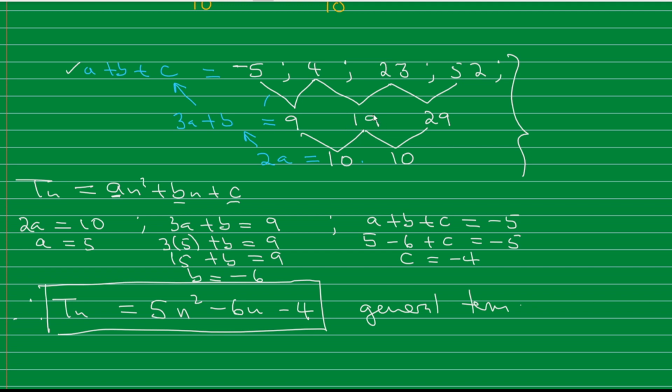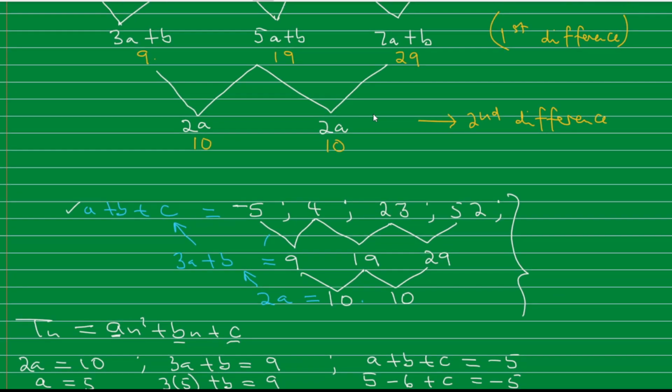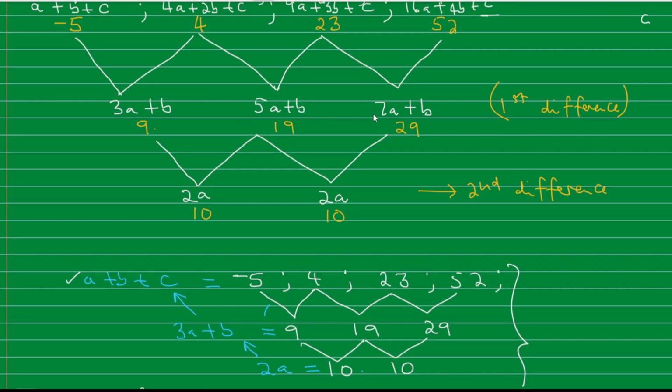If you want to use 19, let's go back to our diagram here. 19 you would equate to 5A plus B. I hope you are with me there. If you are going to use 29, 29 will be 7A plus B. In this case, we are using this row here.